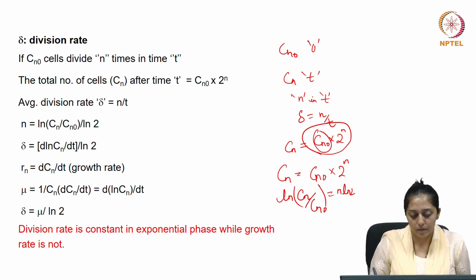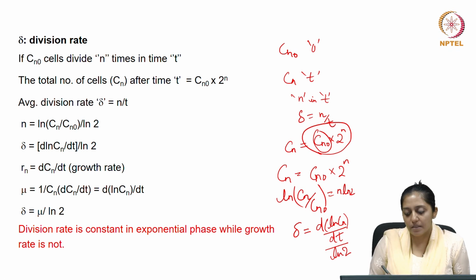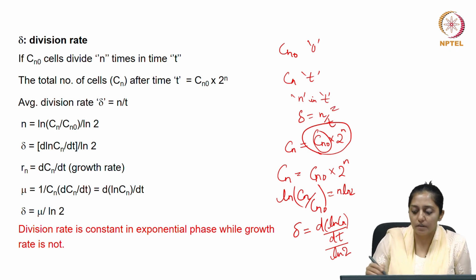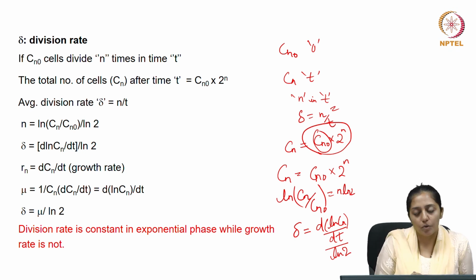Now, we know division rate is n by t. So, it becomes t ln Cn by dt by ln 2. Is this clear? So, division rate was the rate at which the number of times the cell will divide. So, it is dn by dt, and your growth rate is what?